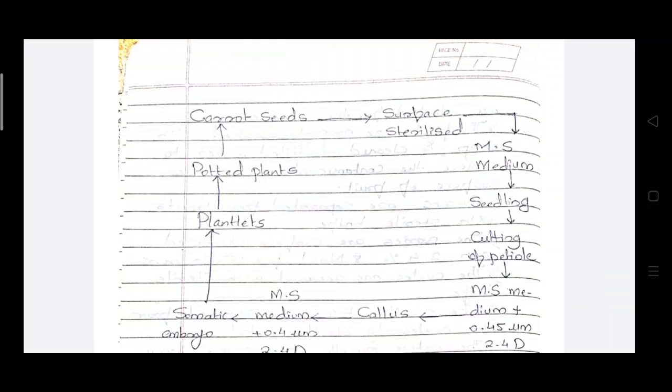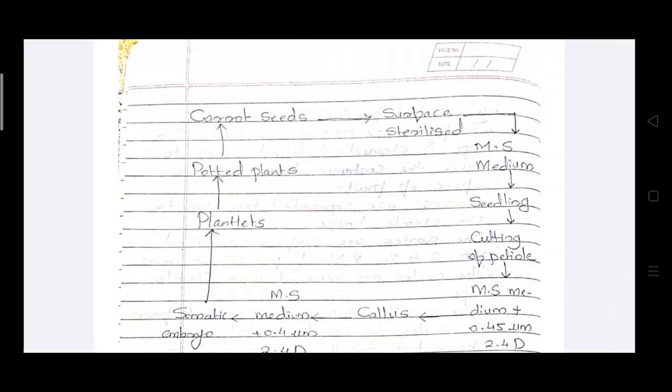Cutting the petioles of the seedlings, then again it is retransferred on the MS medium with supplements of 2,4-D. Then from that the callus will be obtained.